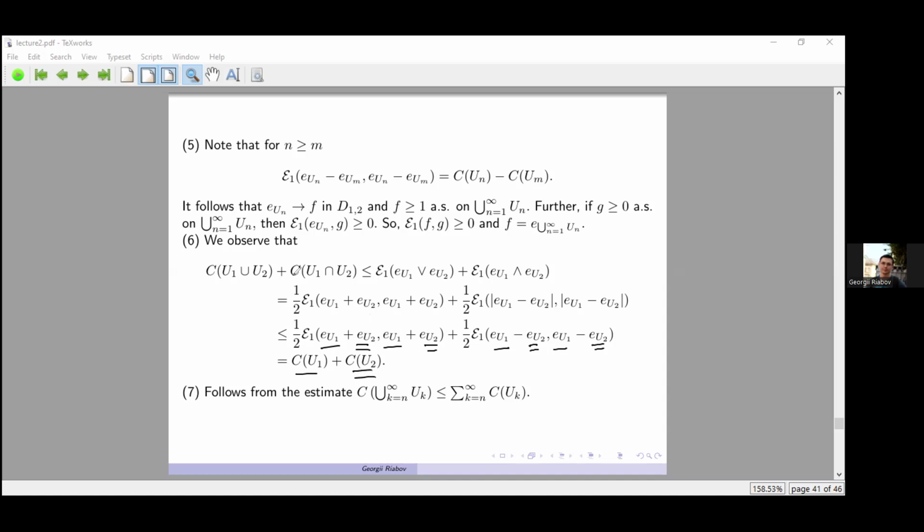So we have that the capacity of the union plus the capacity of the intersection is not bigger than the capacity of one set plus the capacity of the other set.